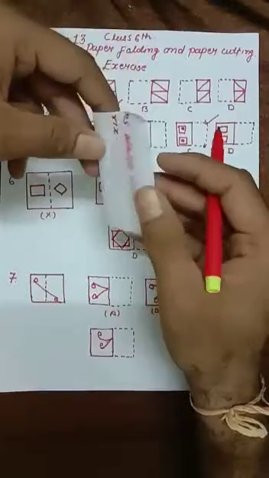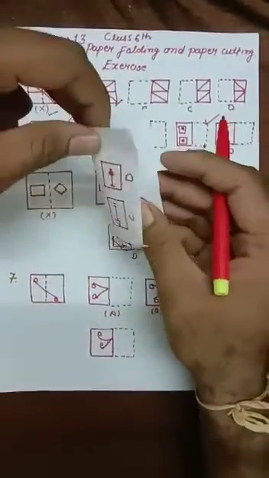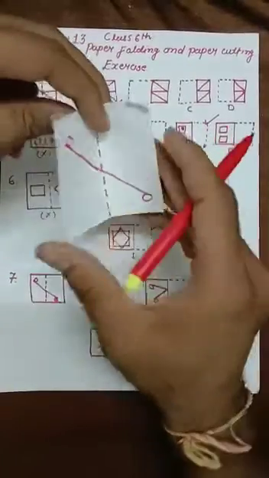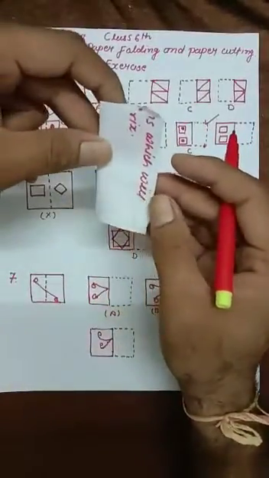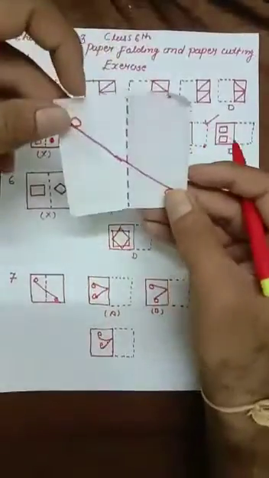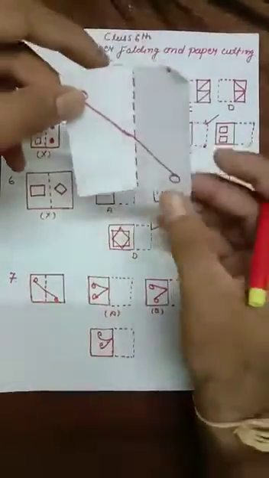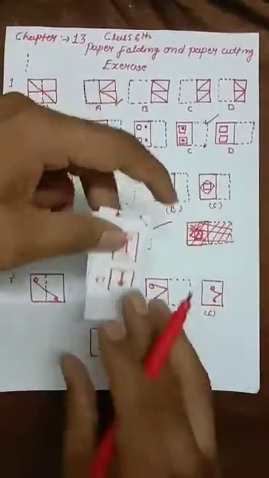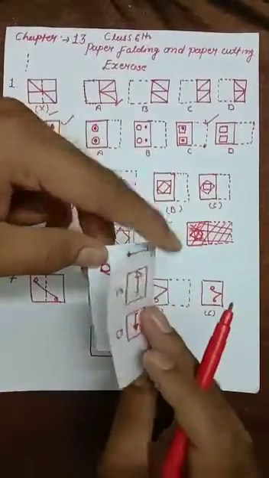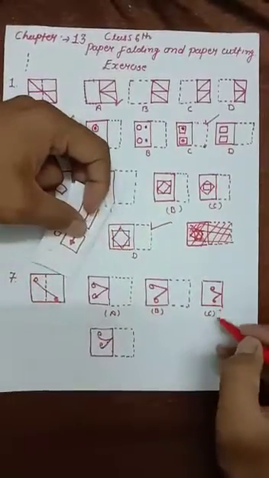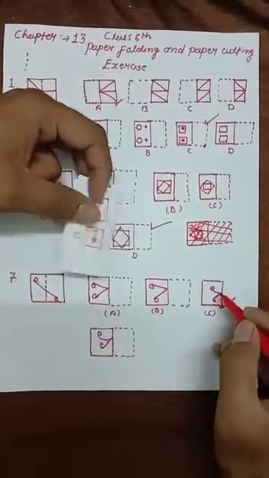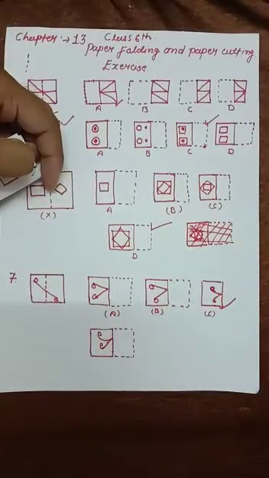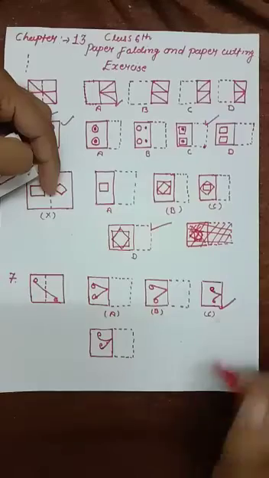If I am folding this side, from the left hand side, that means it will be like this. This will be the answer for question number 7.